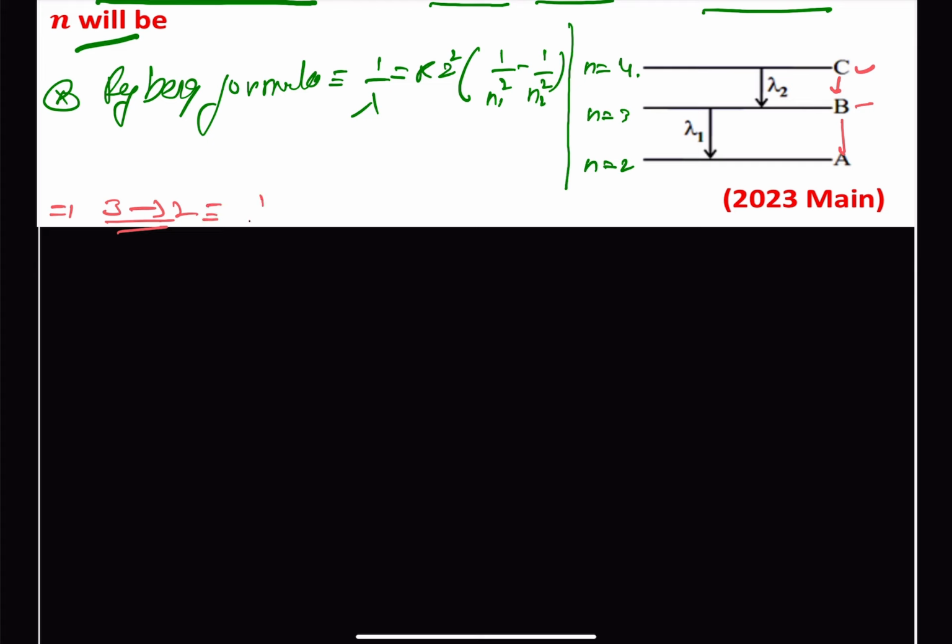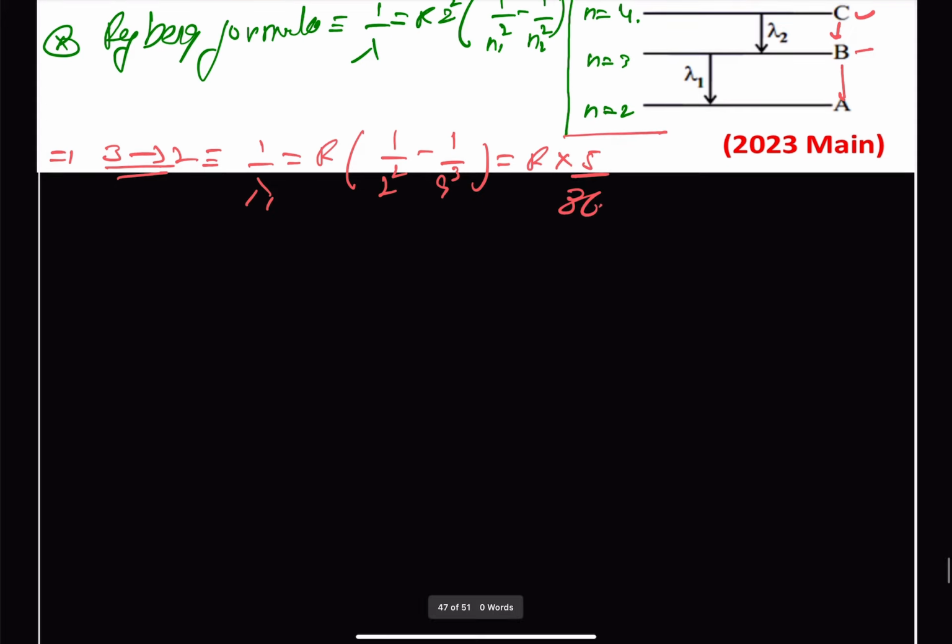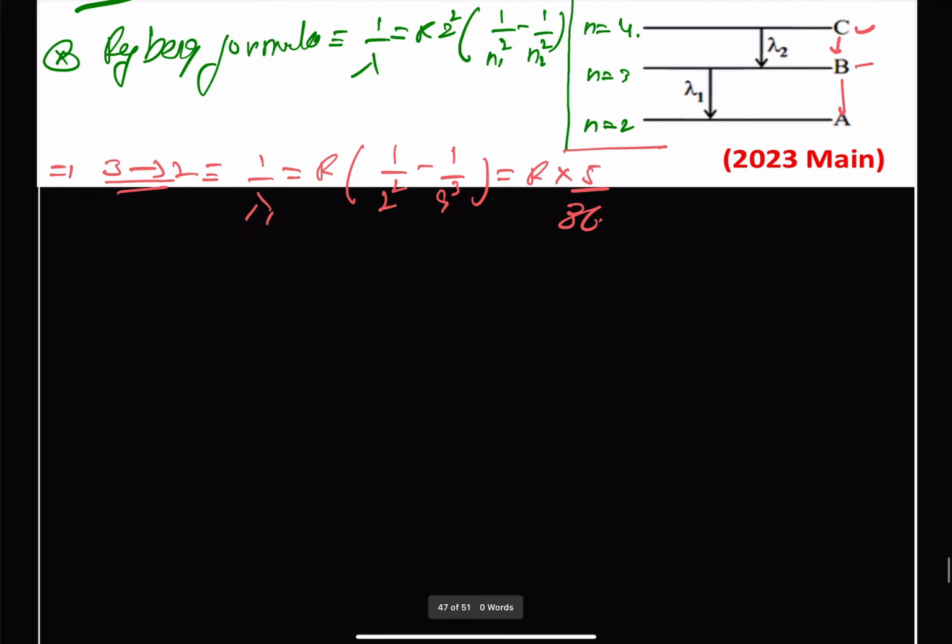So we can say 1 upon lambda 1 is equal to R, value of Z will be equal to 1. So this comes as 1 upon 2 square minus 1 upon 3 square, which will be giving us R into 5 upon 36. And second one is from 4 to 3.